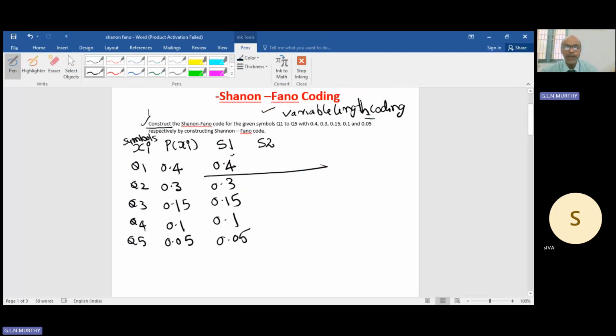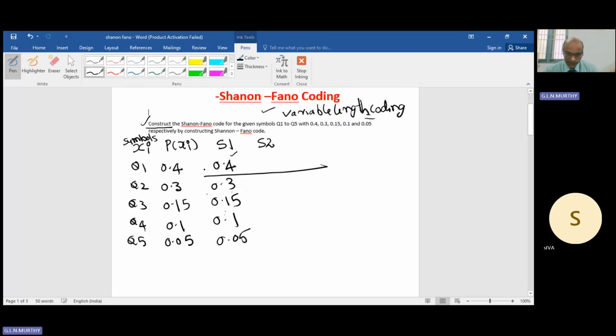See, this is 0.4, this is 0.6. Somebody may say, sir, I will draw a line here. If you draw a line here, it is 0.7, 0.3. No, the intervals must be approximately equal. With 0.4 and 0.6 the difference is 0.2; with 0.7 and 0.3 the difference is more. So they must be divided into two approximately equal intervals.